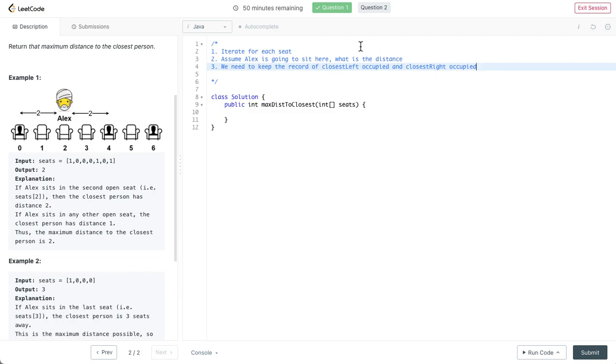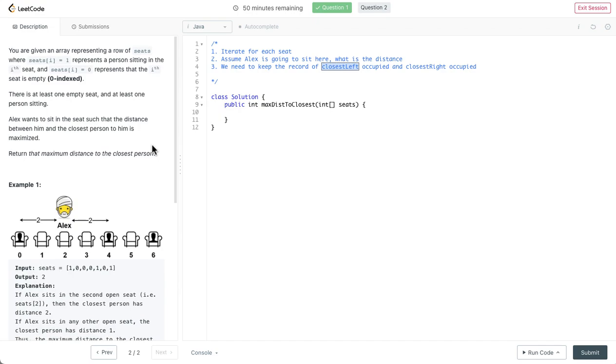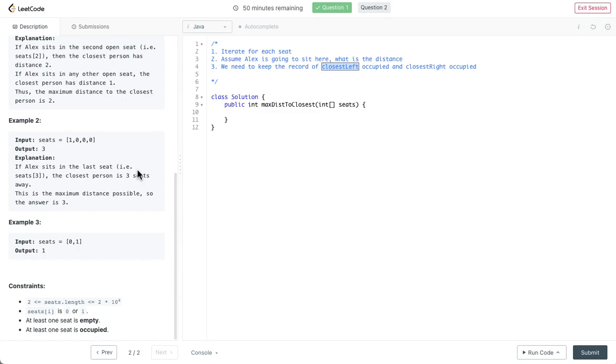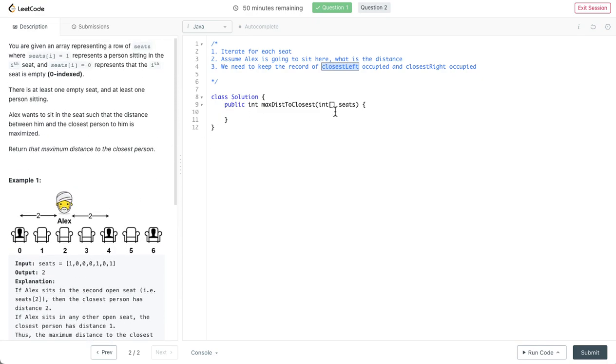Yeah, for the closest left it's easy because it's going from 0 to i. When it is occupied, then it just updates its closest left. What if there's no empty seat? Okay, at least one seat is occupied. Okay, fair enough.